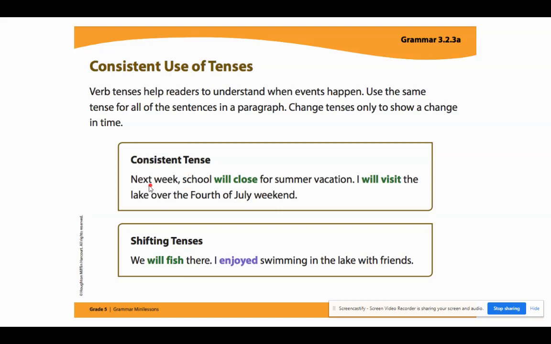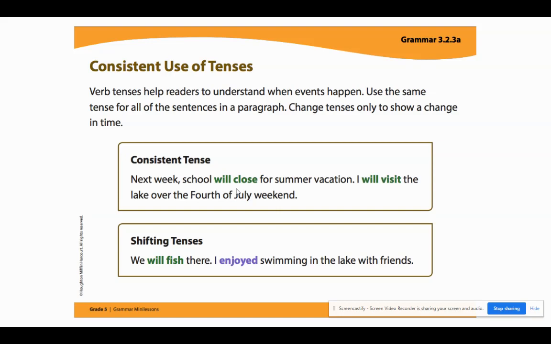So let's take a look at the example. Next week, school will close for summer vacation. I will visit the lake over the 4th of July weekend. So in this case, they're using the future tense. Something will happen. Usually when you use the future tense, you add the word will before the verb. So next week, school will close for summer vacation.